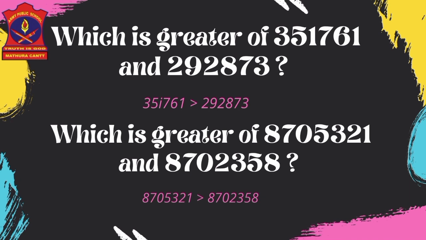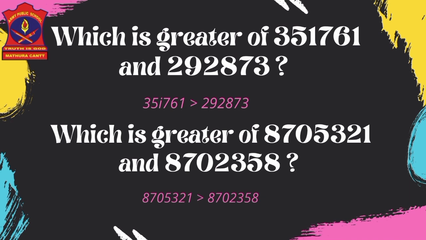Now let us see which is greater of 87,05,321 and 87,02,358. In both of the numbers, the digits are 7. Now the digit on the leftmost position of 87,05,321 is 8. Similarly, the digit on the leftmost position of the other number is also 8.